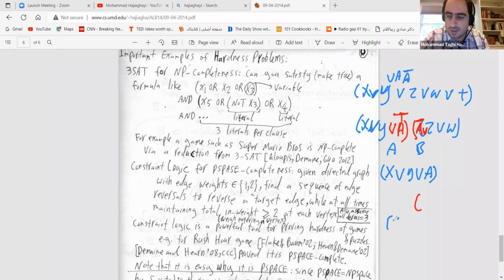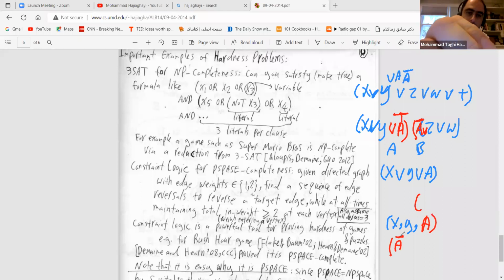So we have here X, Y. Then for this one, I will add A. Good. Now, what about for the next one? I will add A bar. Then I will put Z here, and then I will put B here.